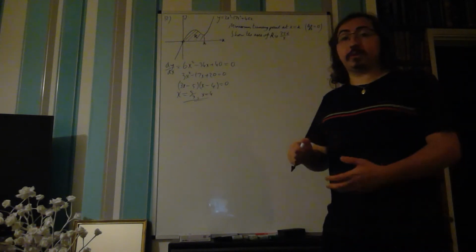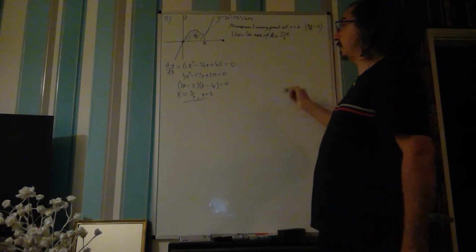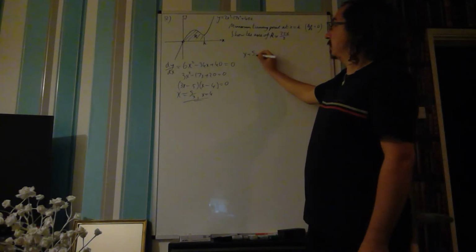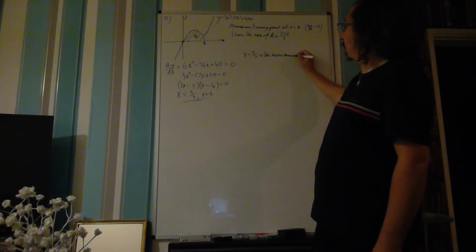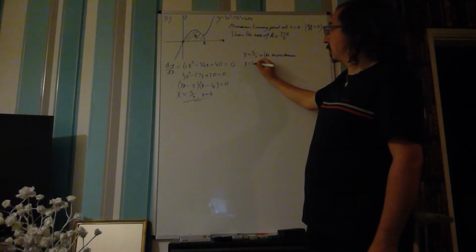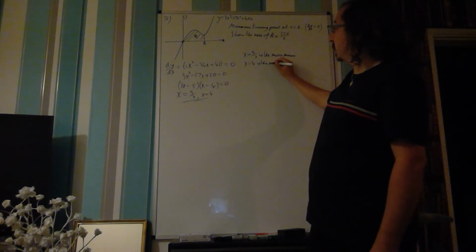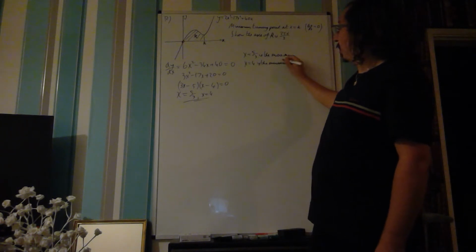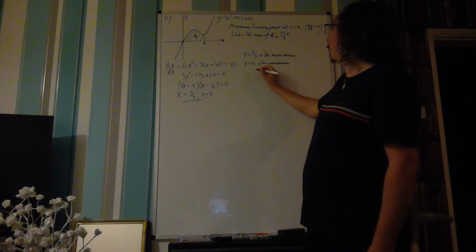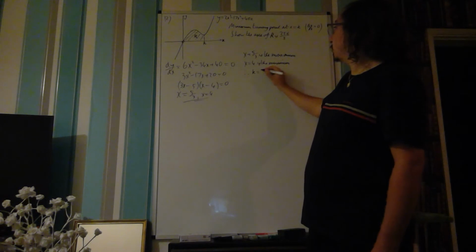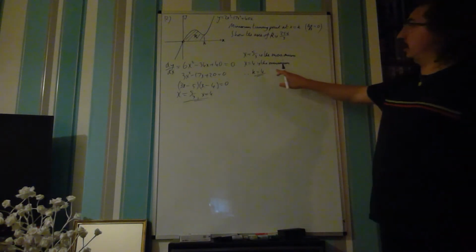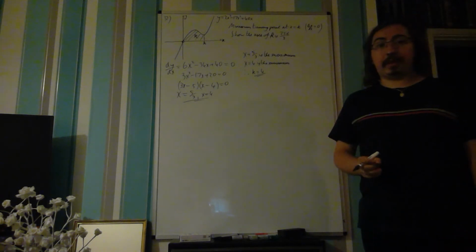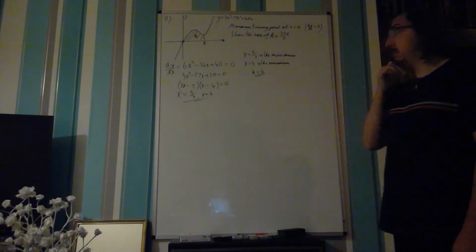Our minimum is further to the right, so it must be a bigger x value. So x equals 5 over 3 is the maximum. x equals 4 is the minimum. And from that, therefore, k must be equal to 4. So make sure you state that and make sure that's clearly going to be used.